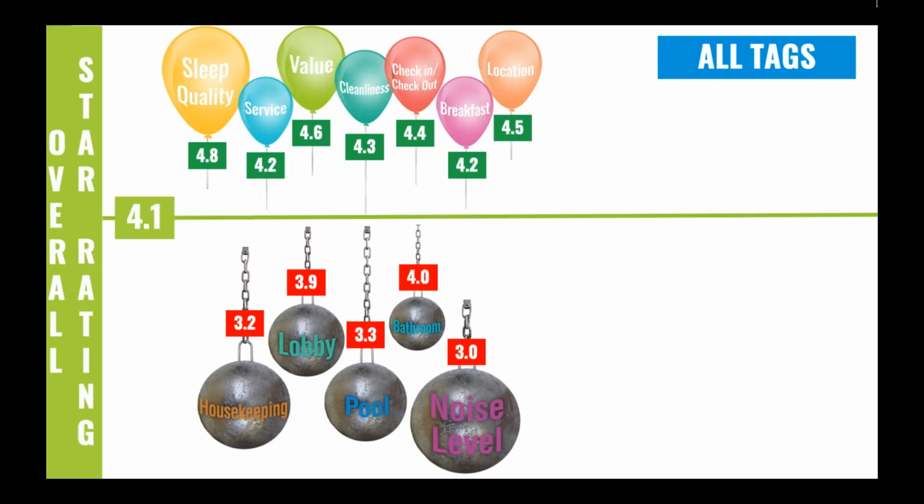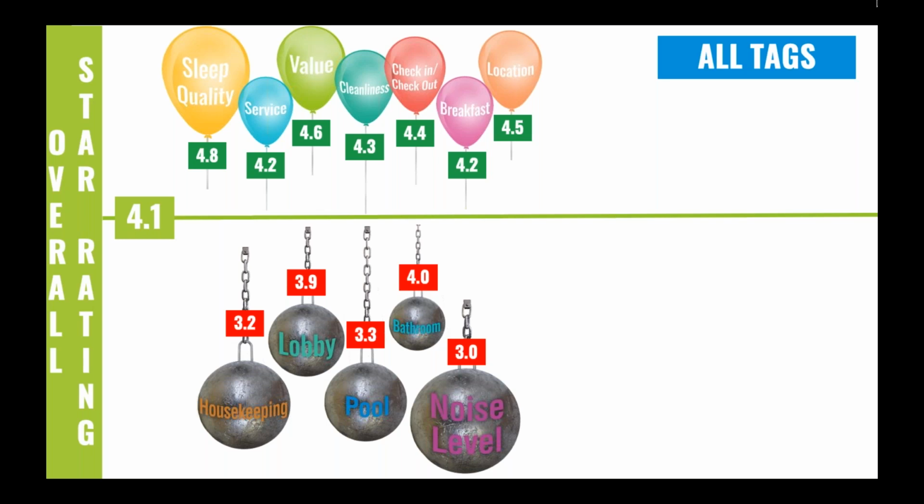This is an illustration of a property's overall reputation and star rating, looking at not just the sentiment of one individual, but the sentiment of all of this hotel's guests over the span of all online review sites. Now, the guest sentiment is averaged out and determined whether that tag is helping raise that overall review score, a balloon, or lower it like a weight.